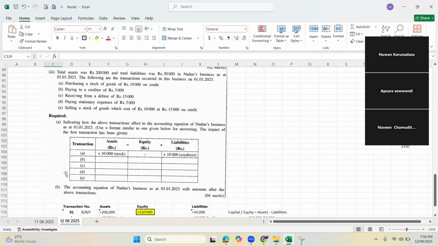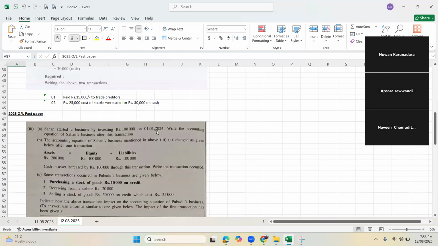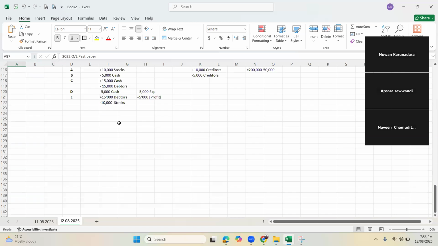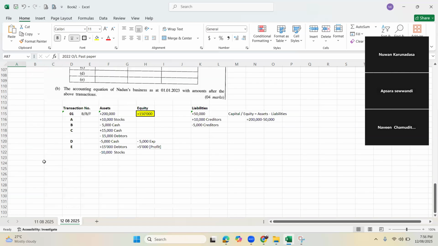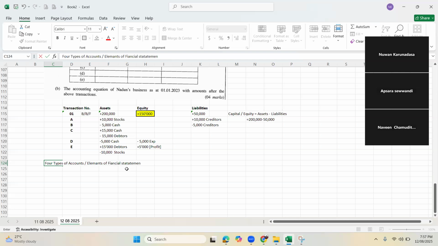Before we continue the same session, I just wanted to do a small exercise. We have 4 types of accounts, or we call them elements of financial statements.